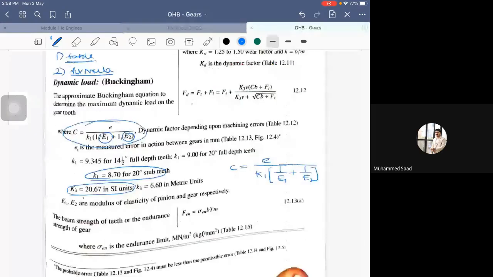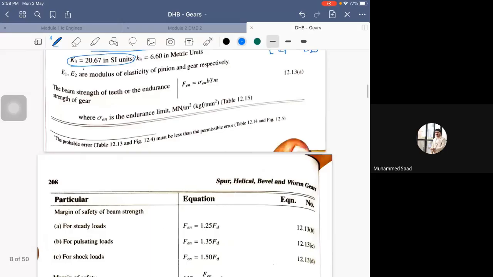For E, you have to go to the table, I guess, right? So, what is the table number? Anyone remember it? What is the table number, guys?